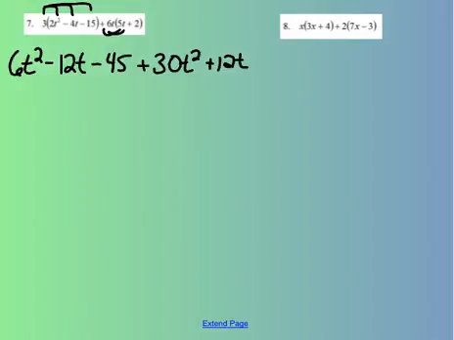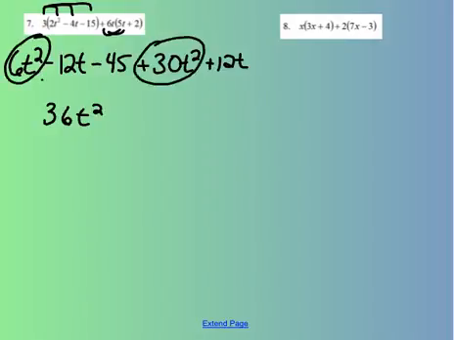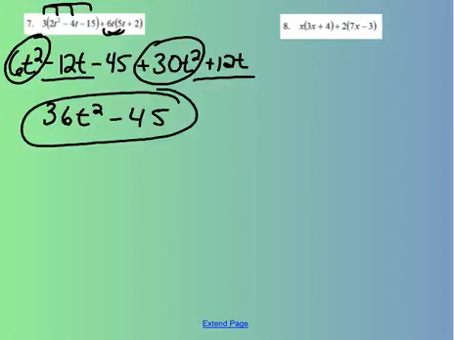Alright, so my highest degree here is t squared. So I'm going to actually have 36t squared, so that's here and here. Now, I should see minus 12t plus 12t. That actually goes to 0. So I just have 36t squared minus 45. That's a pretty ending, but you got to be able to get there.